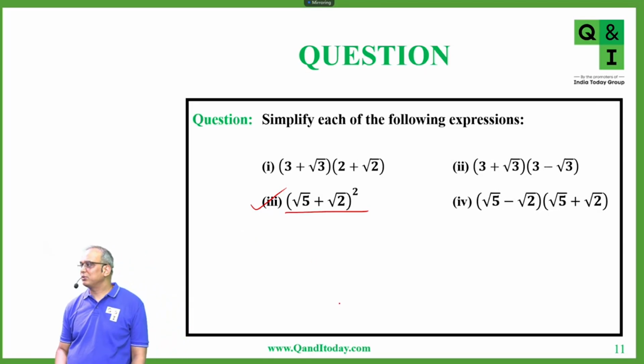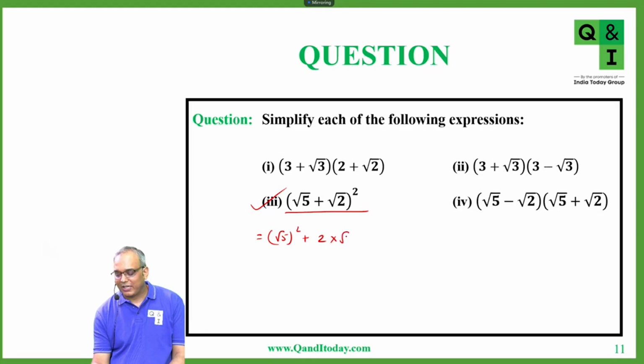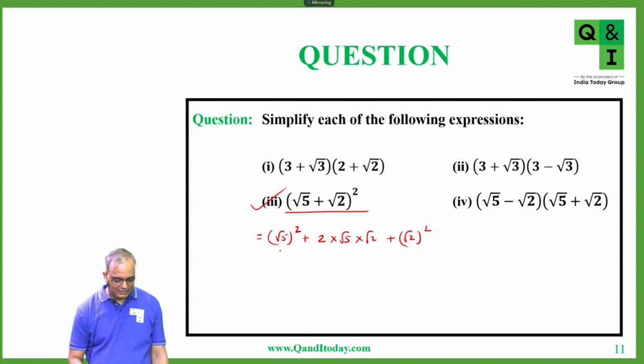So this is root 5 whole square plus 2 times root 5 into root 2 plus root 2 square. Right? Now solve this. What is the answer here?